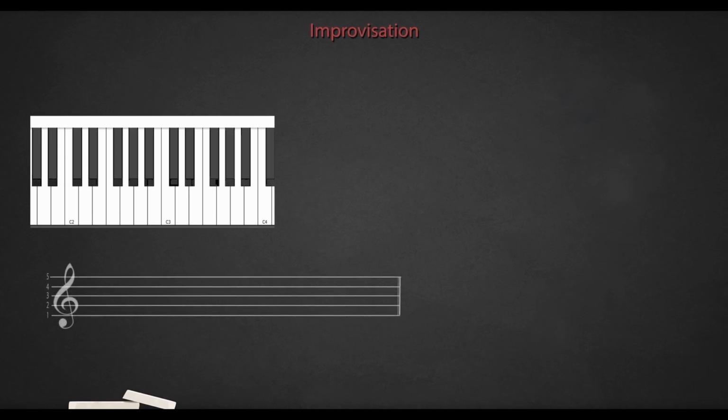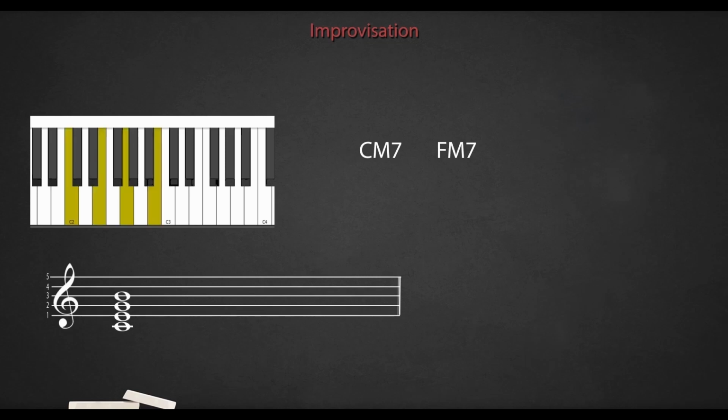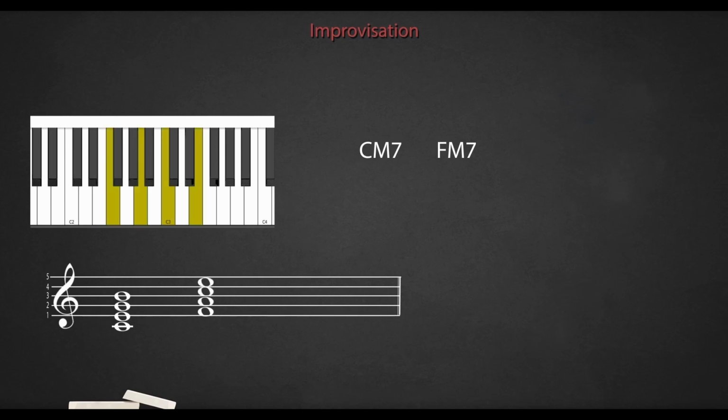A two-chord turnaround, C major 7 and F major 7. C, E, G, B. Major 7 is a semitone from the octave. And F, A, C, E. My left hand will play these chords.